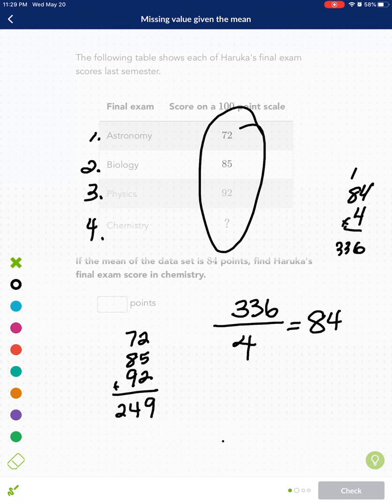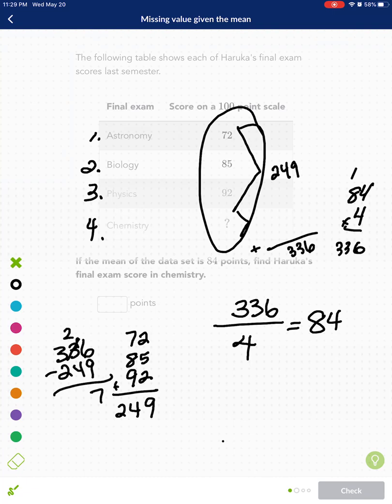So we have 249 accounted for. All of this here adds up to 249. What must this number be? We want the total, when we add those, to be 336, right? So to find that, we need to subtract. So 336 minus 249.